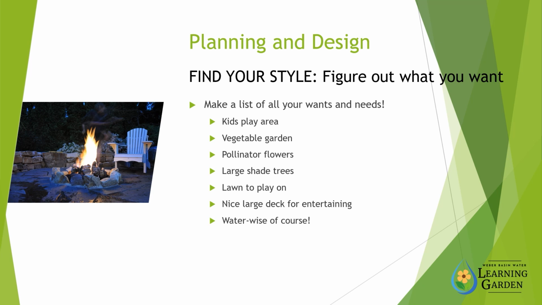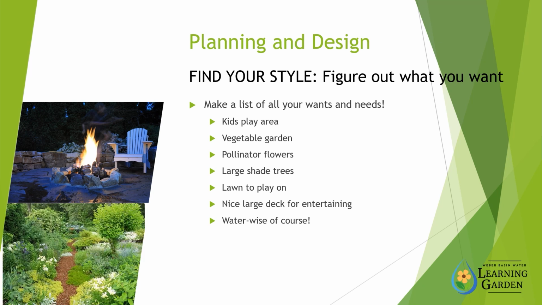It's important through a design process to think about how you want to use your space, and decide what you want to include in those spaces. So make a list of all of the things that you want and you need in your project area. What's important to you? Do you have kids that need a place to play? Do you want to grow vegetables?